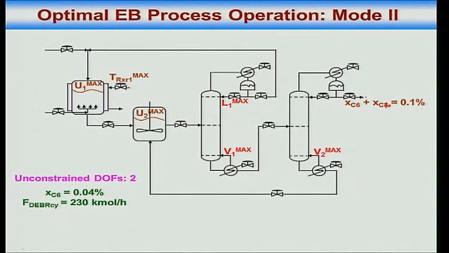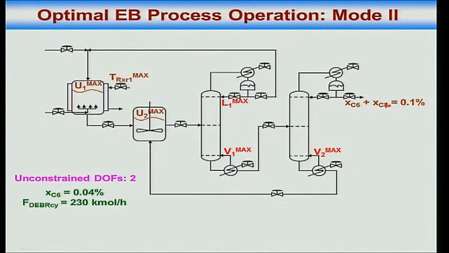It contaminates your product, right? So between these two extremes there is an optimum. I can't have too stringent C6 and I can't have too stringent C10. It is somewhere in the middle, and that middle turns out to be 0.04%, something like that.